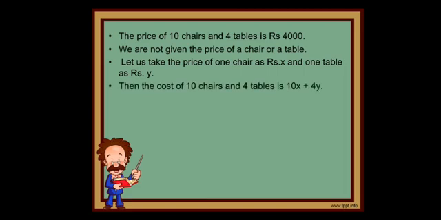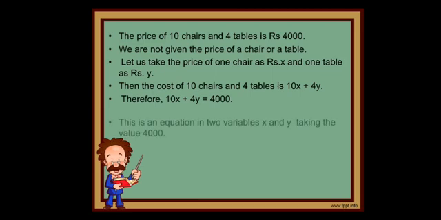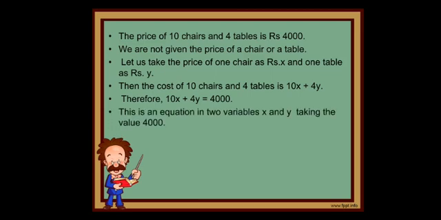It is given that the price of 10 chairs and 4 tables is 4,000 rupees. So 10x plus 4y is equal to 4,000. Here we got an algebraic equation in two variables x and y, taking the value 4,000.